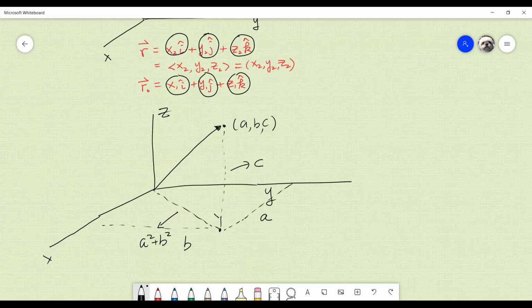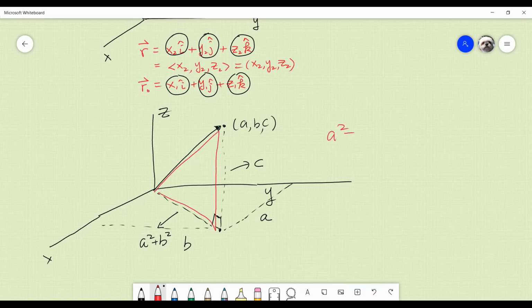Look at this triangle here. It will be A squared plus B squared plus C squared. Take the square root. So this is the Pythagorean theorem in three-dimensional space. Are you with me? Yes. All right.